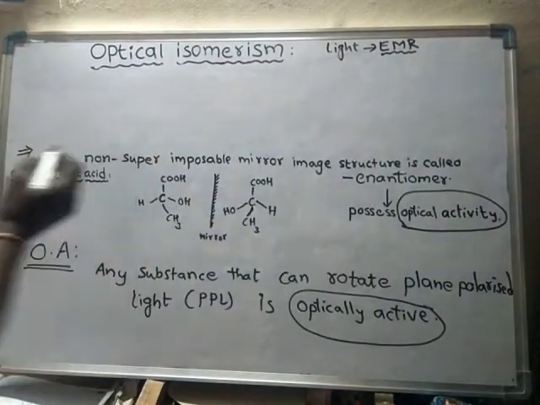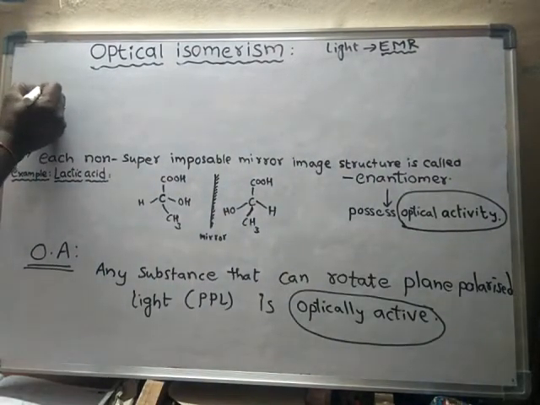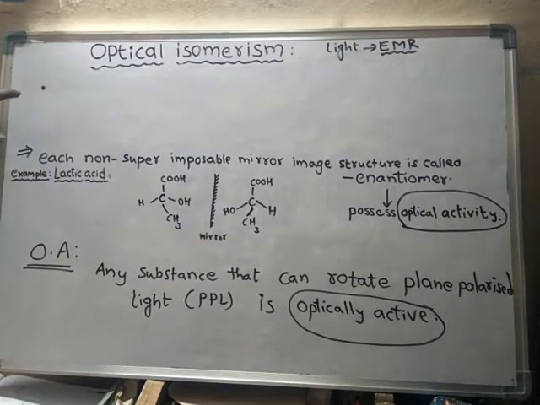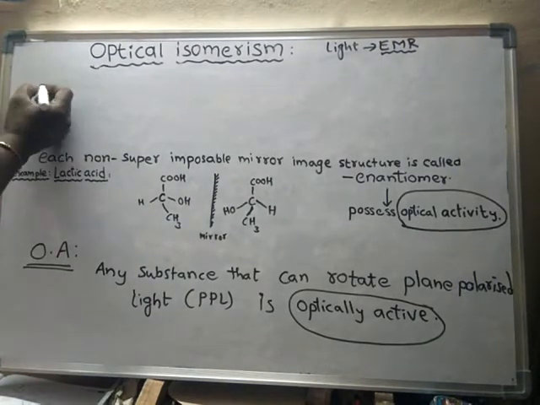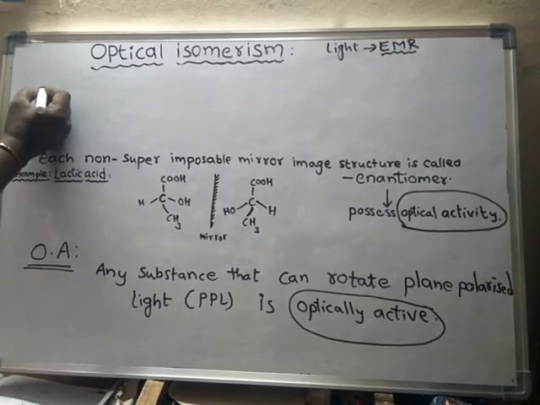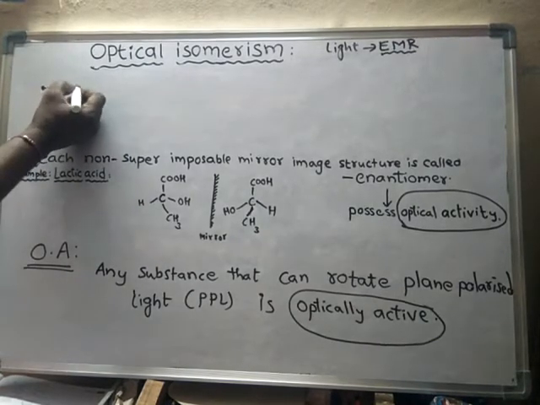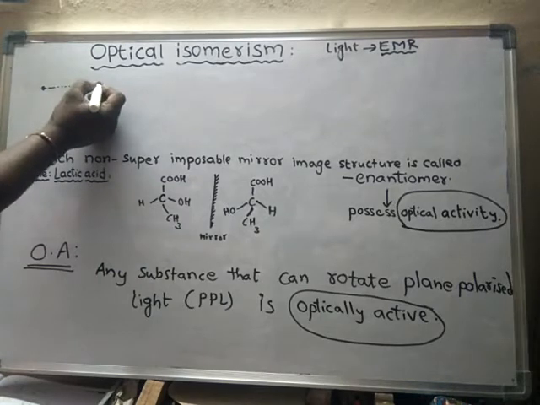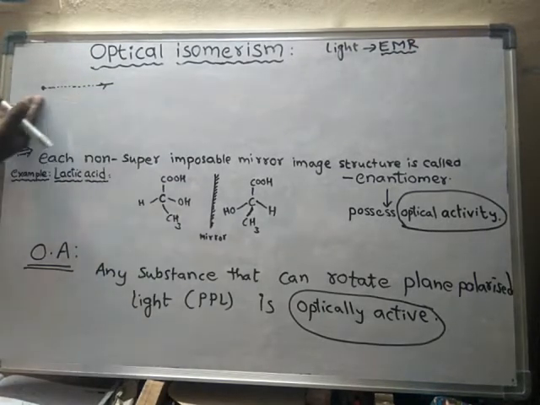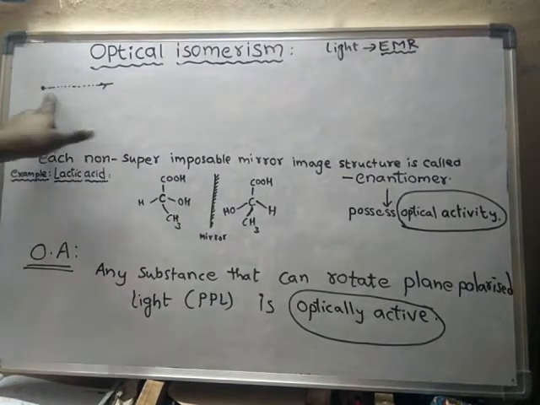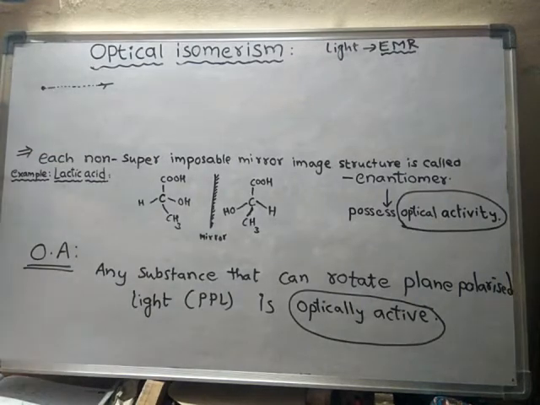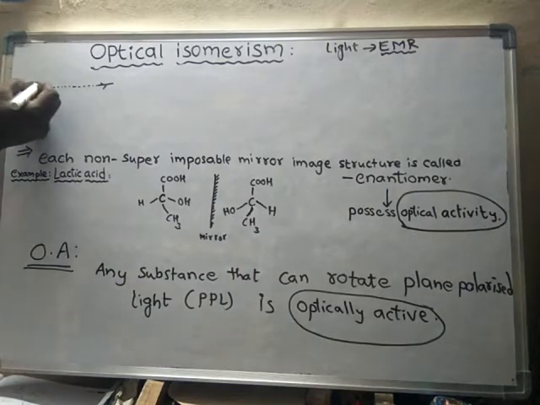Suppose this is the point, or else a light ray, let us assume. It is propagating in this direction. If the light is passing in this direction, what happens? Actually, this light is made up of many electric and magnetic fields. See what happens: this is the electric field vector.